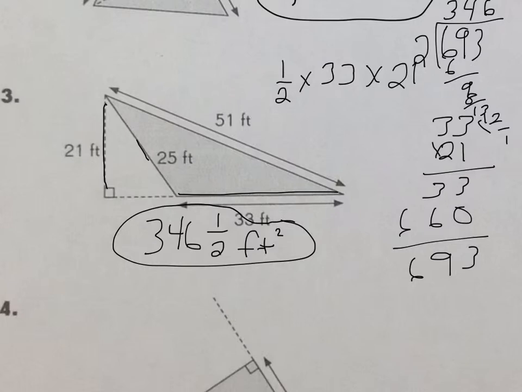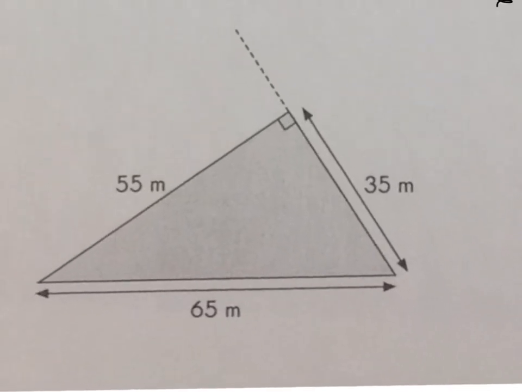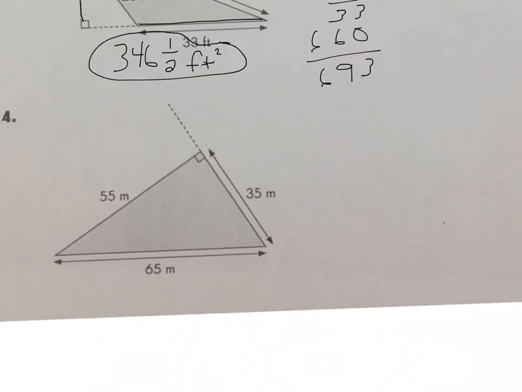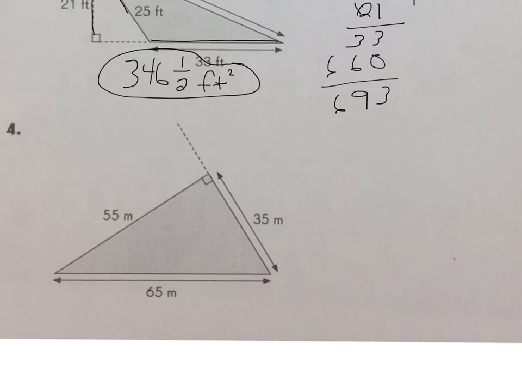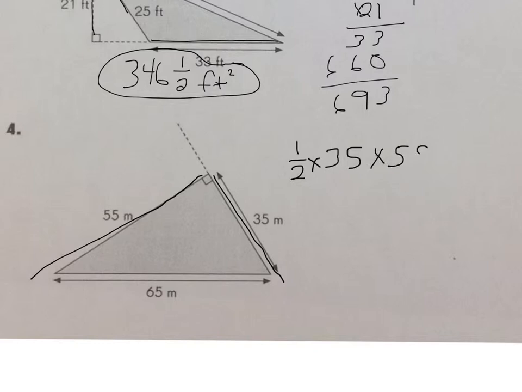Okay, let's go on to the next one. Okay, I'm going to bring it down like that, give me a little more workspace. Okay, so my base is this 35. 1/2 times 35, and then my height is the perpendicular line times 55. Okay, they've given us this information. Don't need it because that's not my height. That's not the line that's perpendicular to the base.